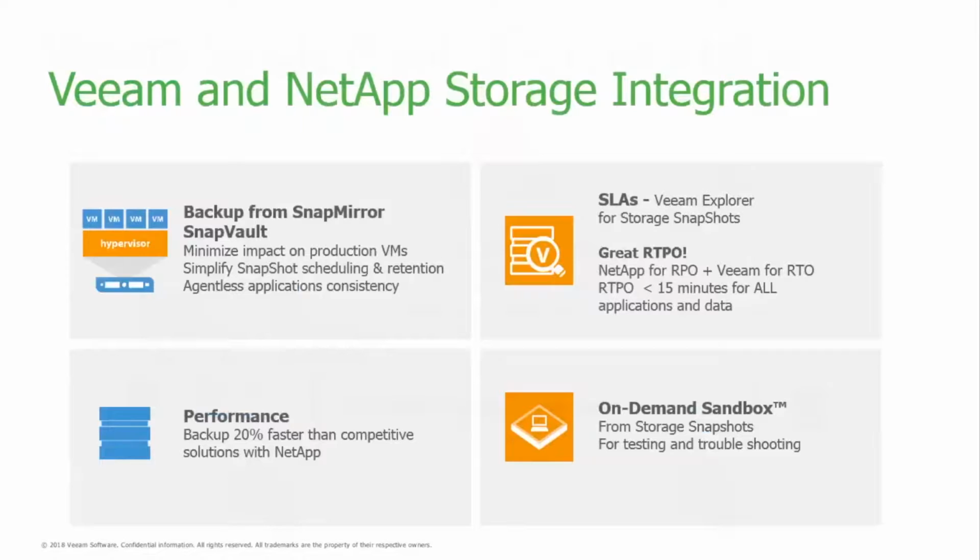So being able to back up from a Data ONTAP snapshot, whether it's in production, whether it is a SnapMirror snapshot, whether it's a SnapVault snapshot, being able to minimize the impact on the VMware infrastructure is really key here, especially when you're trying to back up potentially during the day where there's a lot more going on on your VMware datastore. So, not just being able to back up once a day, but potentially backing up a lot more frequently, which could be every hour or even every 15 minutes if you've got those specific RPOs. So having that integration is key here.